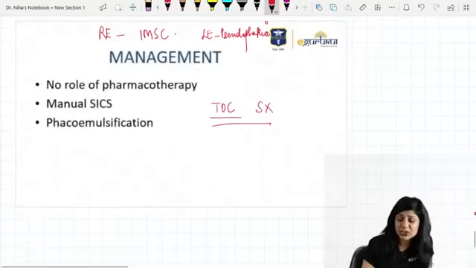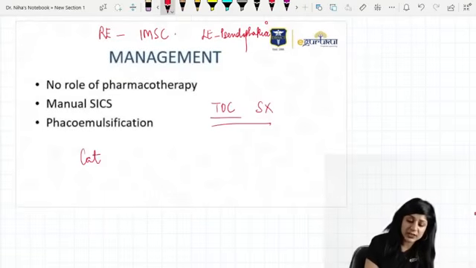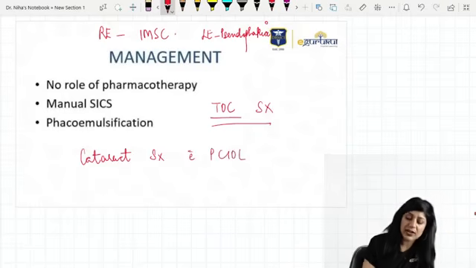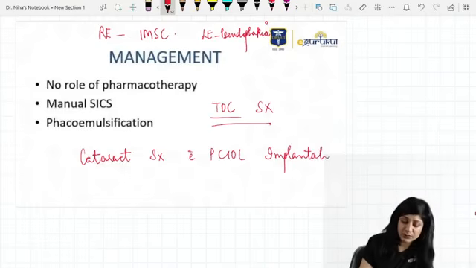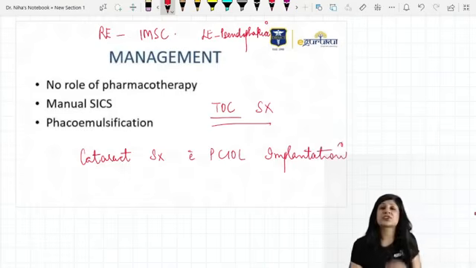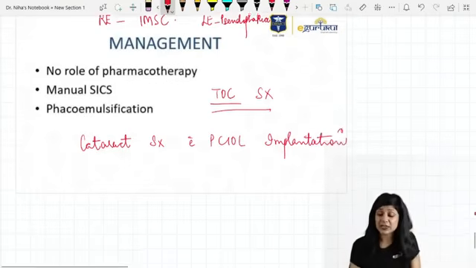So what is the surgical option we have to do? It is the cataract surgery with the PCIOL implantation. So what we have to actually offer to this patient is the cataract extraction along with the PCIOL implantation.